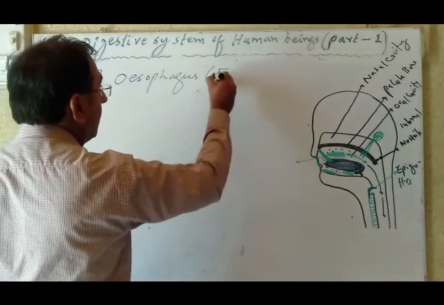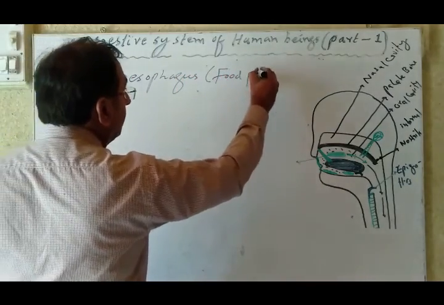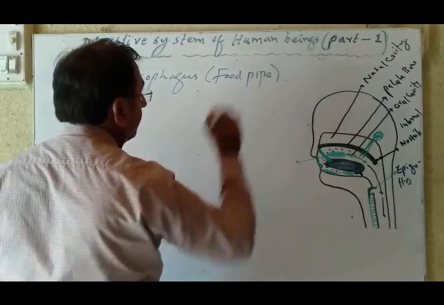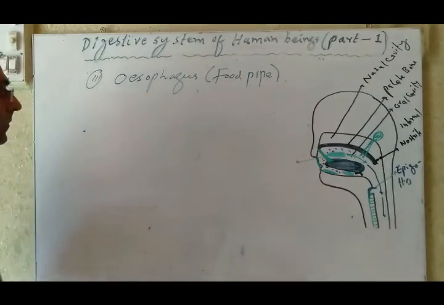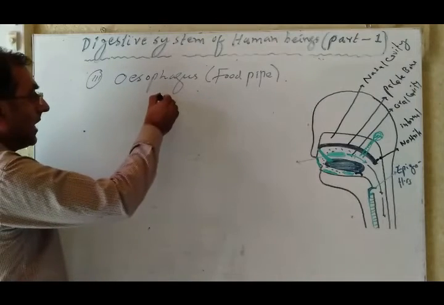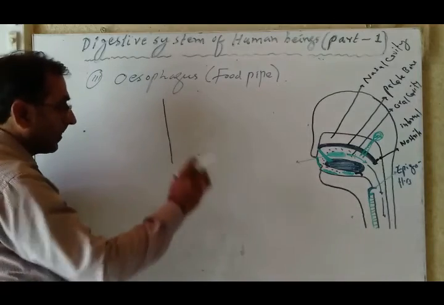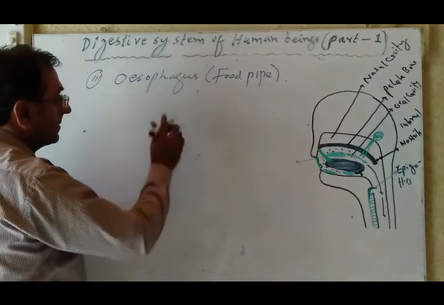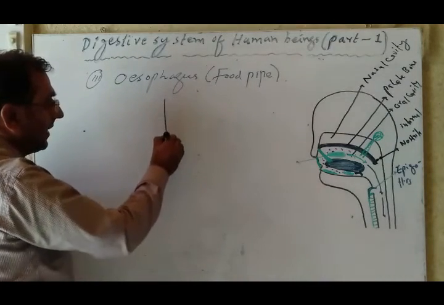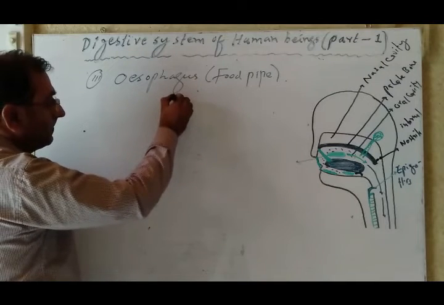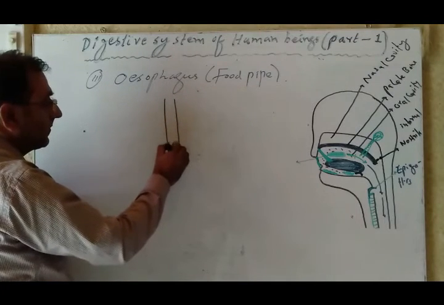Esophagus, commonly known as the food pipe or gullet. This esophagus starts from the pharynx to the stomach.